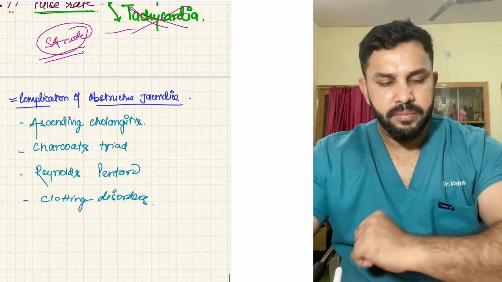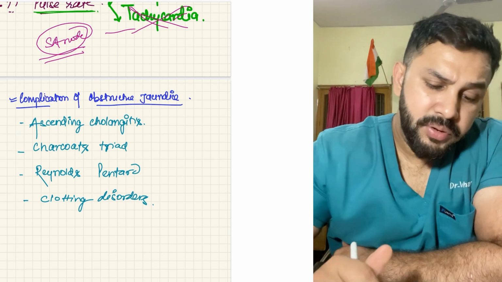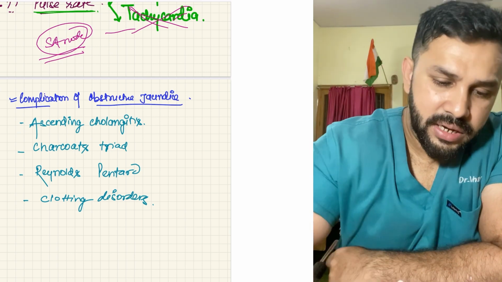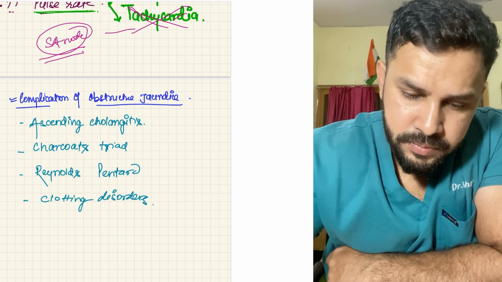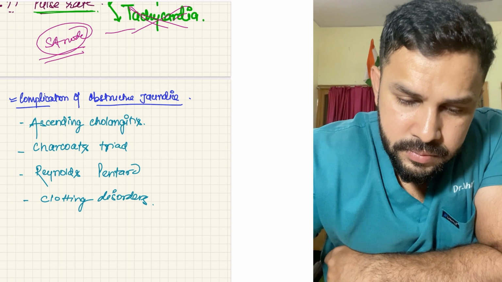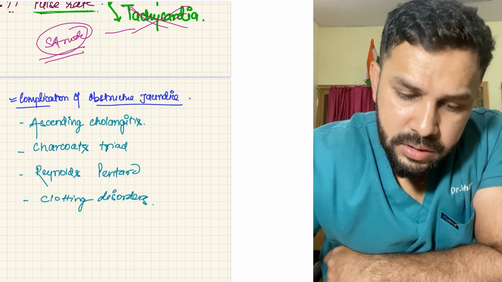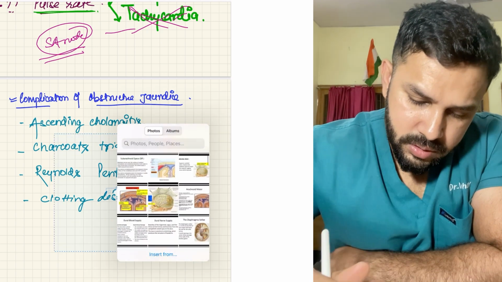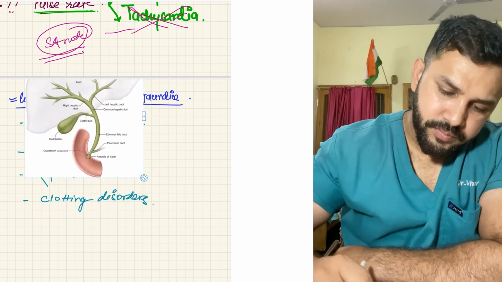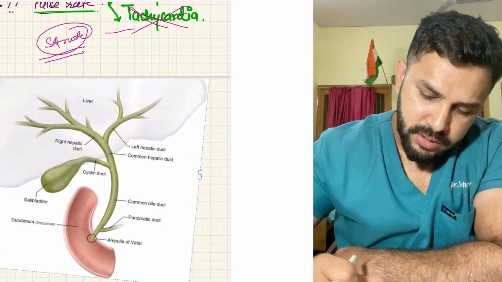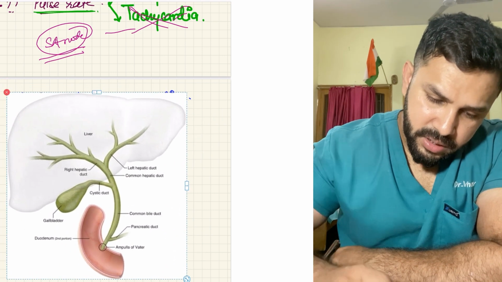Now the most important part: what is the complication of obstructive jaundice? I already told you, the complication is ascending cholangitis. Let me show you one part. This is a very important part.